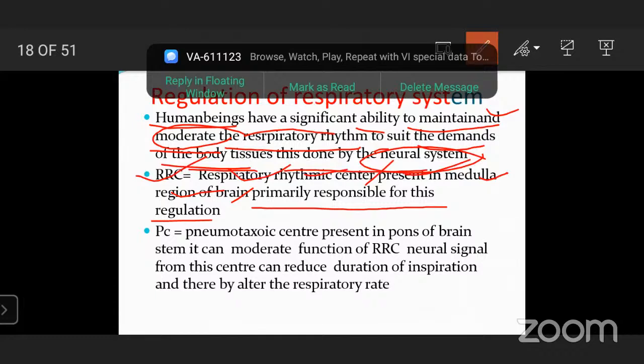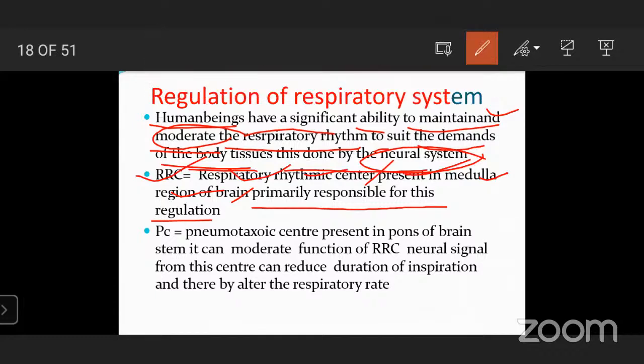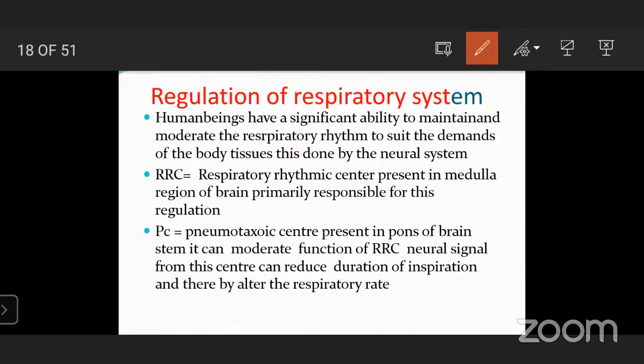The RRC plays a very important role in the regulation of the respiratory system. Primarily responsible for the regulation, yes, you understand?